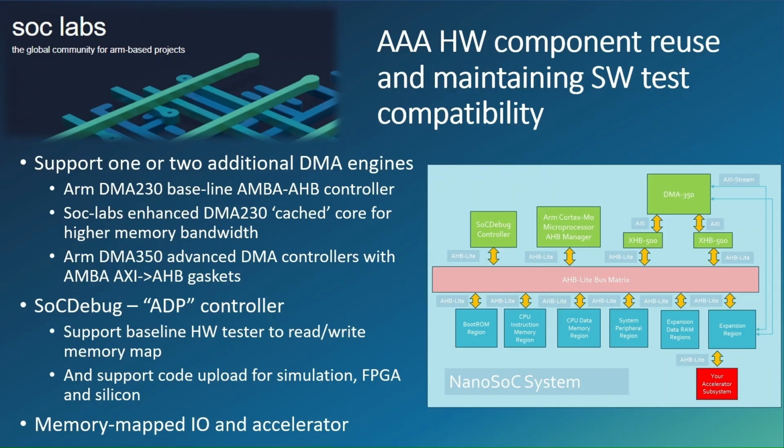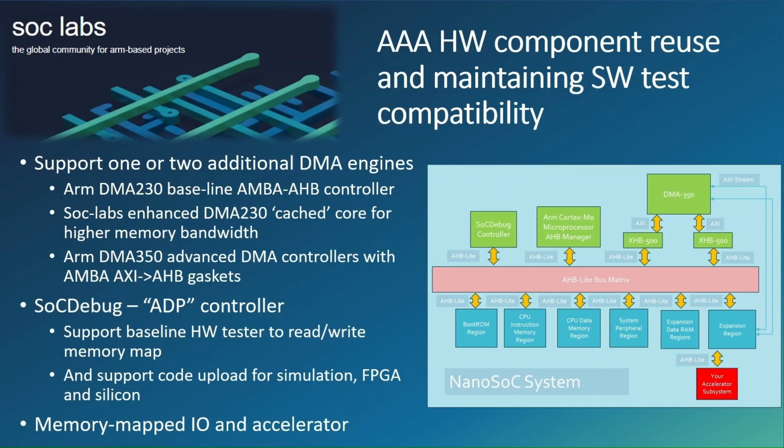Going into a little bit more detail about this architecture, for the DMA support that we've added, we've got the DMA-230 from ARM, which is a very small area, efficient DMA. We can have one or two or none of these in the design.